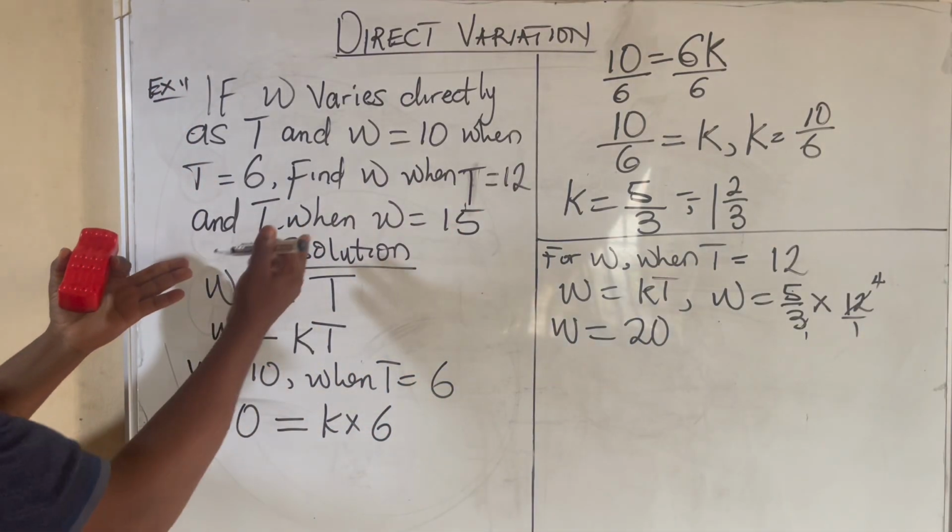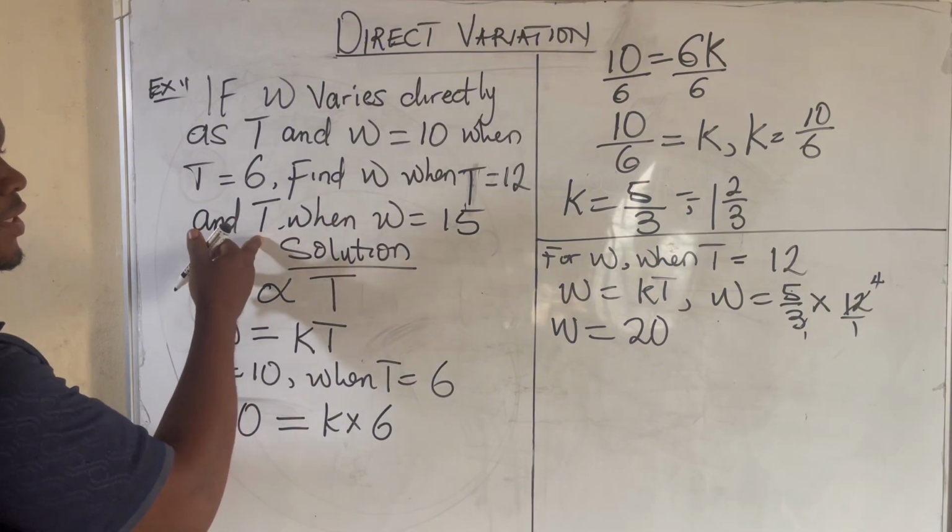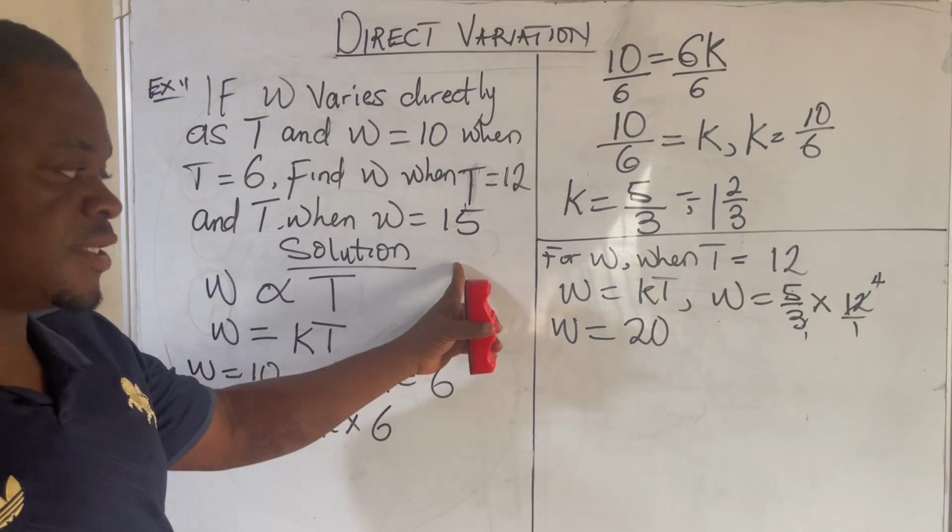We can equally solve for the value of T when W is equal to 15.